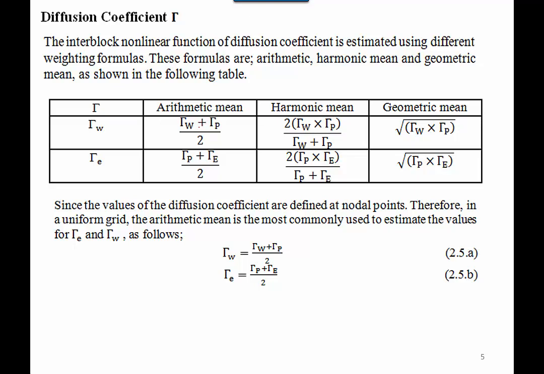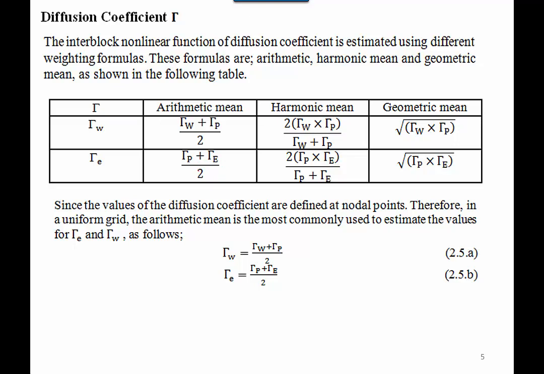That means we take gamma at the west side, add gamma at the point P, and divide the sum by 2. This goes also for gamma at east. We add the values of the neighboring points, gamma at P plus gamma at E, and divide the summation by 2.